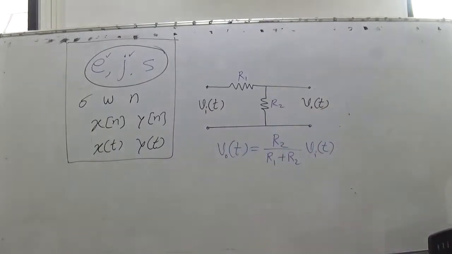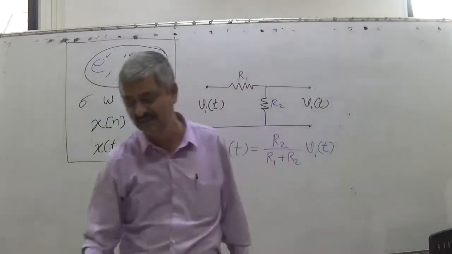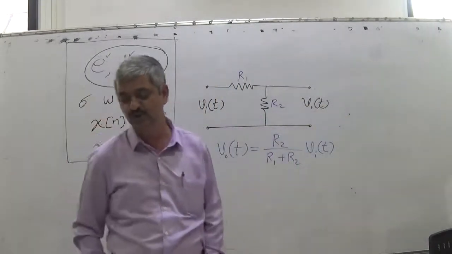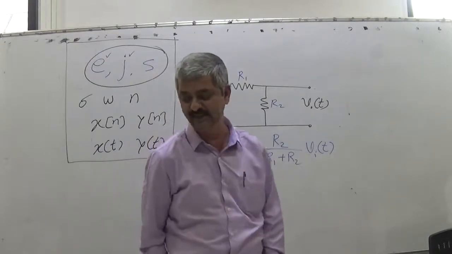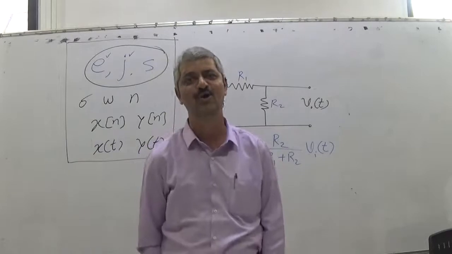is also a voltage signal, and input and output are related by a simple formula where output is some constant times input. That is called an instantaneous system, or in scientific terms, a zeroth order system, or zero order system.